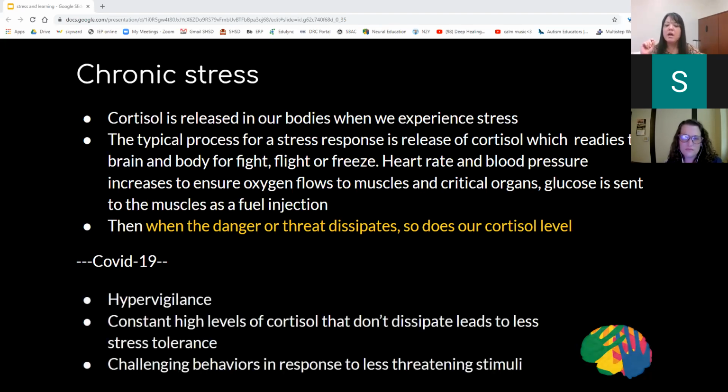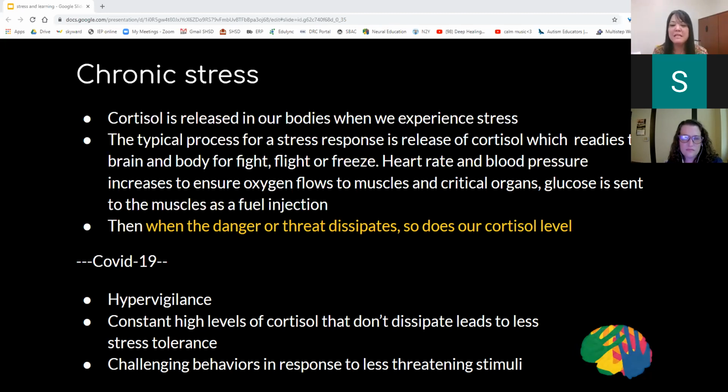And so these constant high levels of cortisol that are not dissipating, what happens there is it leads to less stress tolerance. So we might be noticing in ourselves, in our partners, in our children, that we are having less ability to let things roll off our back, or to just handle things that come up in our everyday life.